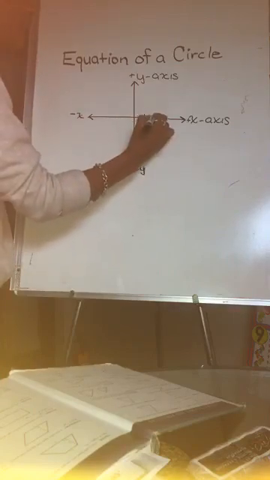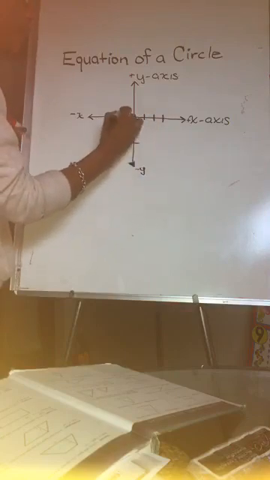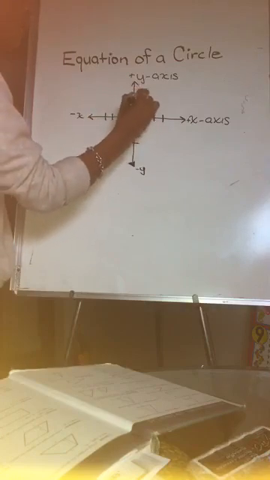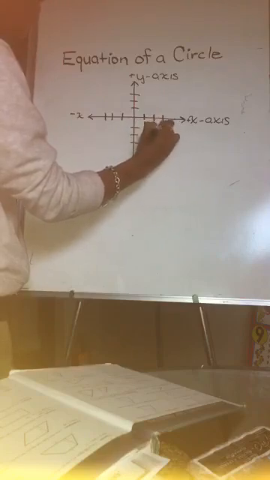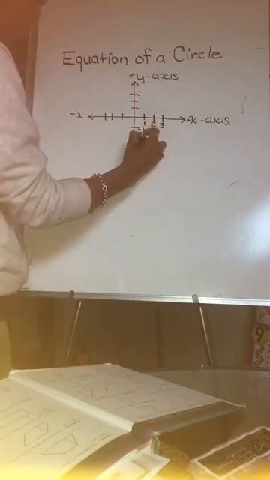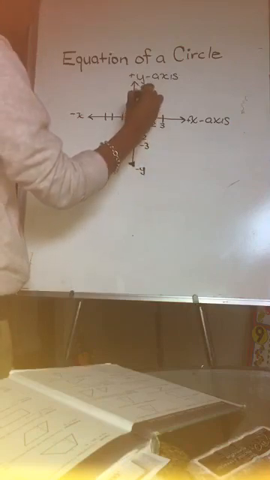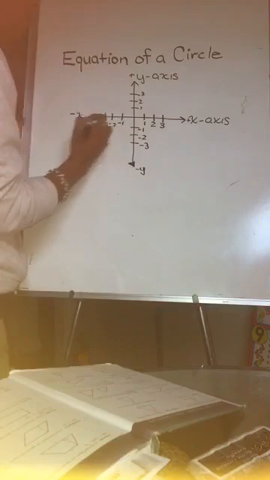Putting in our units. Okay, so these are our units. We have 1, 2, and 3, -1, -2, and -3, 1, 2, 3, -1, -2, and -3.